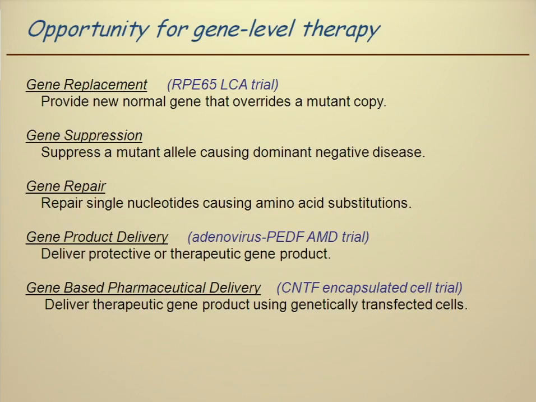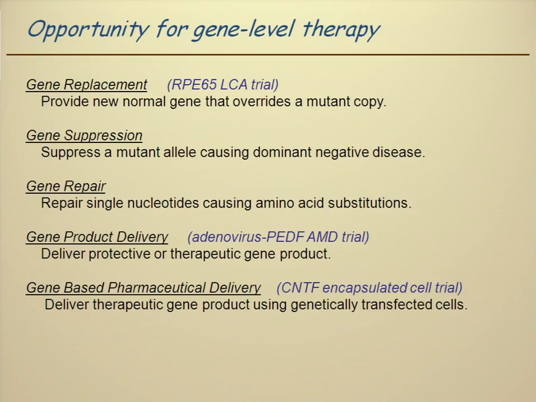Or in the case of parent-to-child direct transmission, a dominant transmission, one may, in fact in animals you can, but in humans may be able to suppress that one copy that's defective and allow the second normal copy to function throughout life and retain vision. So you'd have to suppress the mutant gene or repair it or go around the whole system, don't worry about the gene, but deliver some other product that is therapeutic.